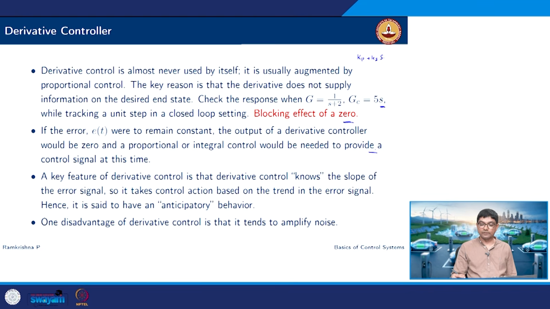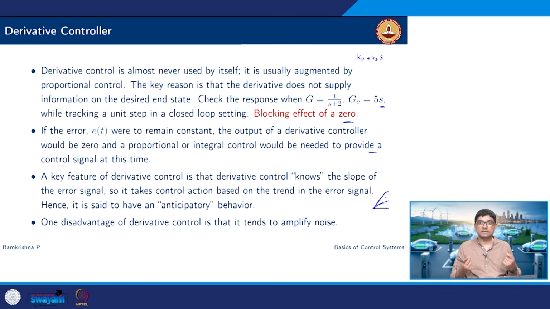The key feature of derivative control is that it knows the slope of the error. For example, if the error is increasing at this rate or at this rate, the slope will tell me how fast or how slow the error is increasing.